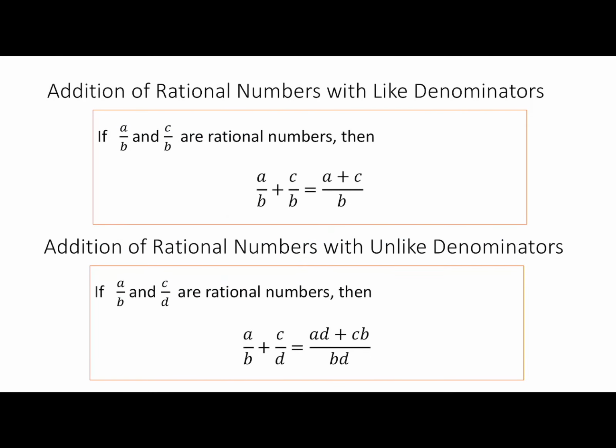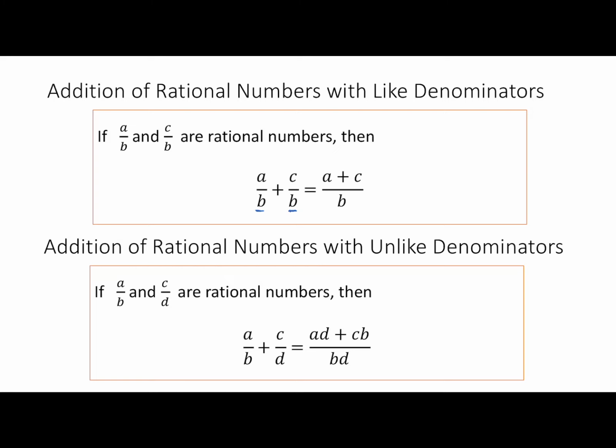Okay, in general, we have rules for adding rational numbers with the same denominator. So as long as their denominators are the same, a over b plus c over b, I can just add the numerators. So a plus c all over b. If I don't have like denominators, I need to use the bottom box. And that essentially is what we do when we get a common denominator.